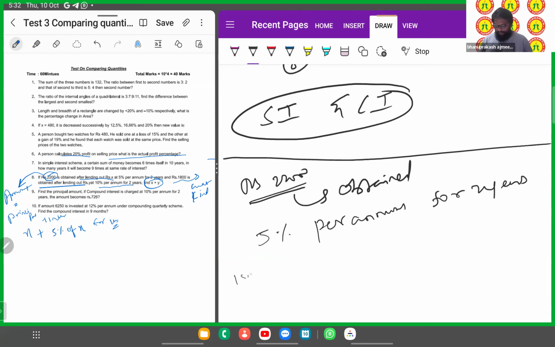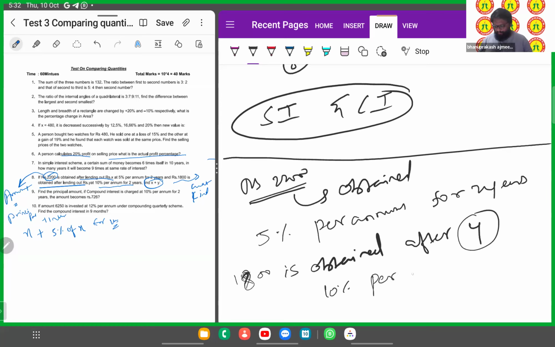And another rupees 1800 is obtained after lending Y amount at an interest of 10% per annum for 2 years here again.